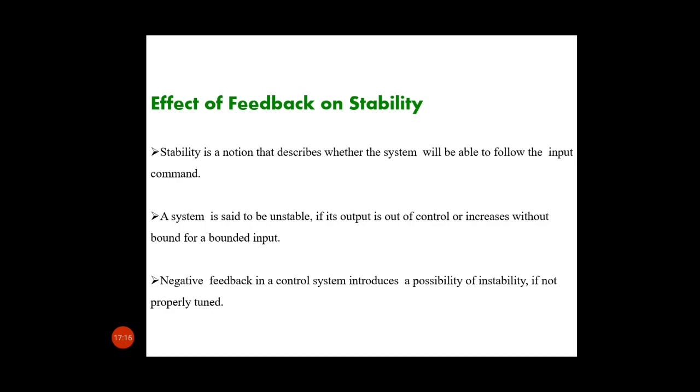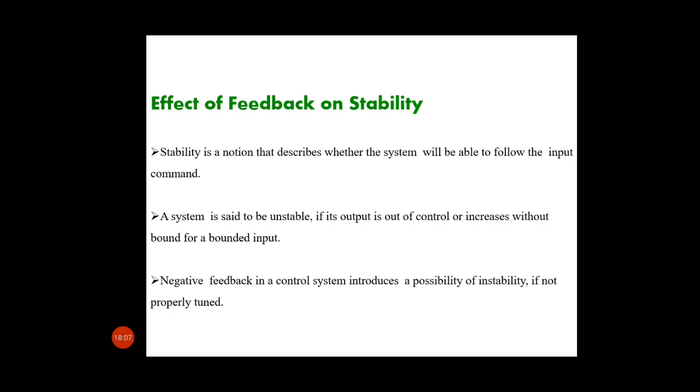By this class, we come to know that the overall gain of the system is affected by the feedback, because in the previous class we saw that gain also depends on feedback. For an open loop system the gain is G, but for a closed loop system the overall gain is G by 1 plus GH for negative feedback.